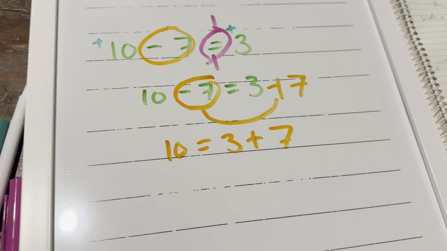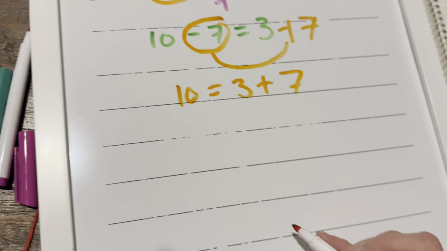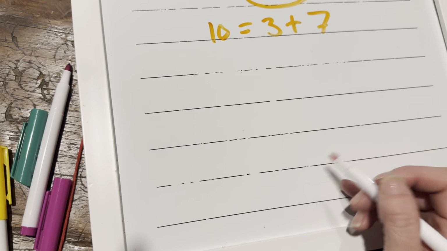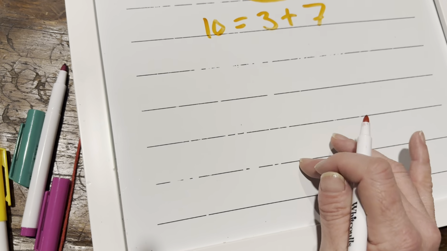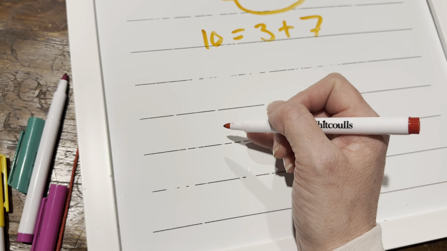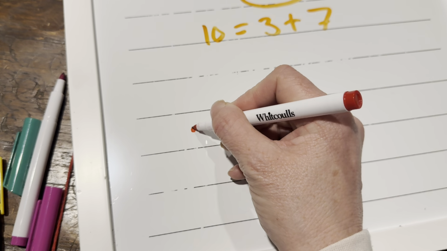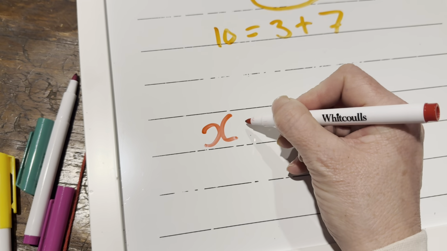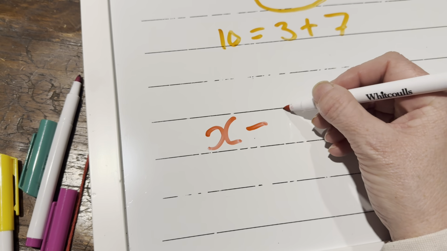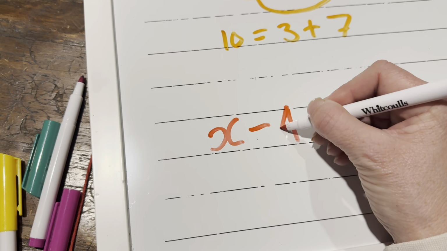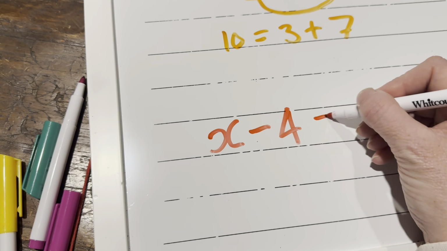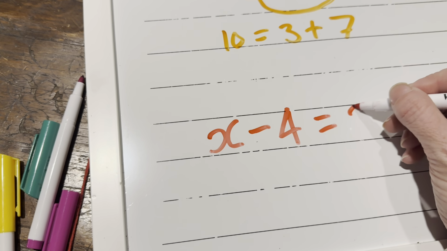So again, similarly, when we're starting to do algebra and we're looking for unknowns, so if we say x minus 4 equals 2.